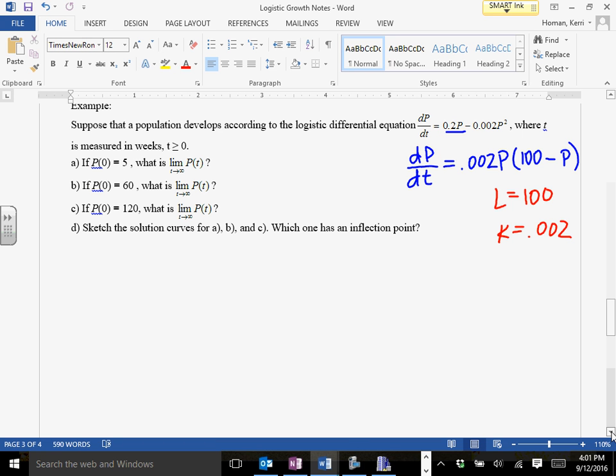So even if the initial condition is 0.5, the limit as t approaches infinity is our carrying capacity. Even if our initial condition is 0.60, the limit as t approaches infinity is our carrying capacity. Even if our initial condition is 0.120, I know that's bigger, but since it's bigger, we're going to look at the picture, okay? Our carrying capacity is still 100.